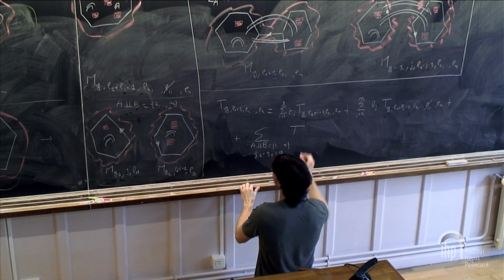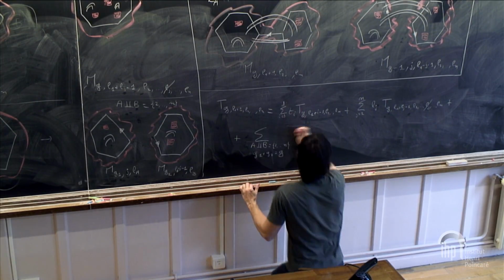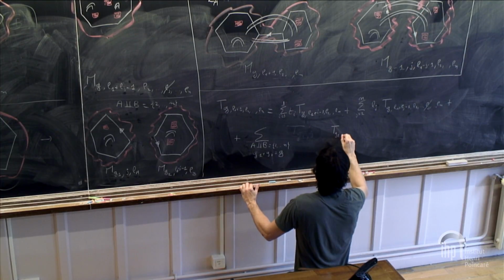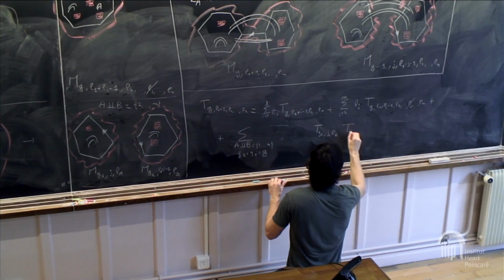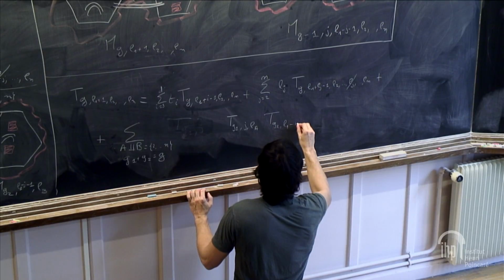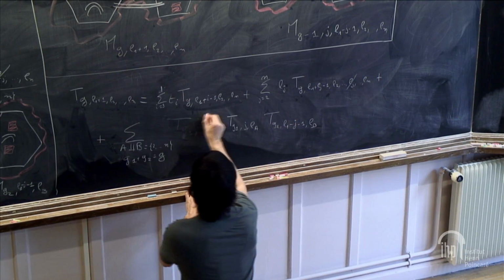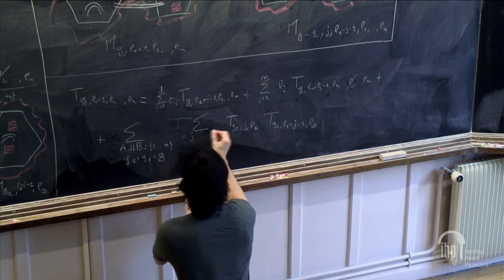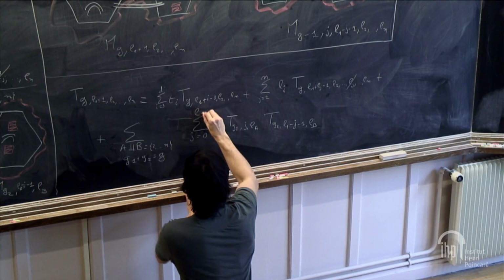And I've got just a product of this type, T g1 j LA, T g2 L1 minus j minus 1 LB, and I've got to sum over j equals 0 to L1.